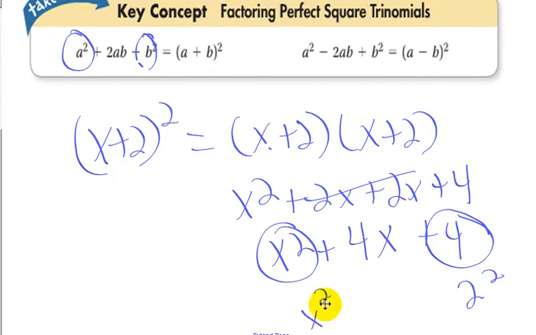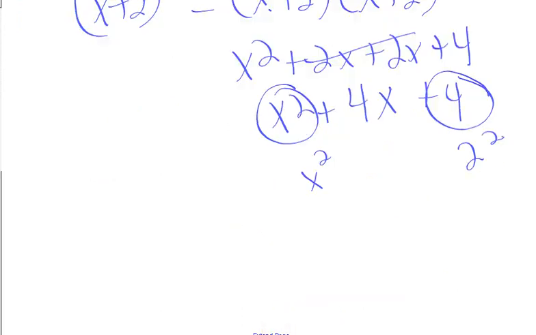So we've got our a squared and our b squared. Now our middle term is supposed to be 2ab. So we're going to let x squared be a squared and 2 squared be b squared. So a is equal to x and b is equal to 2.